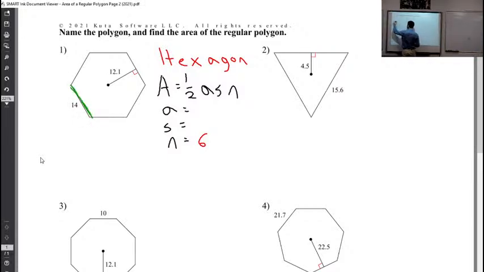Then it's up to determining which length is which here that they're giving you. Well, the 14 is out on one of the sides of the hexagon, so that has to be my side length.